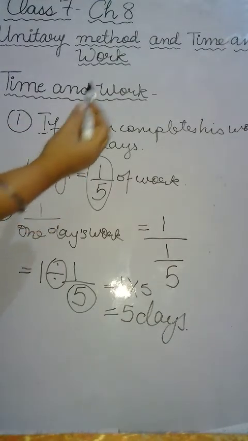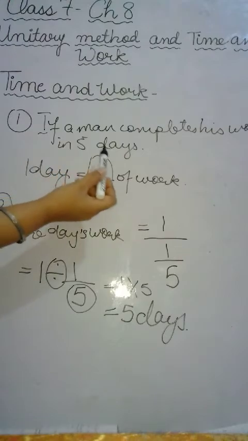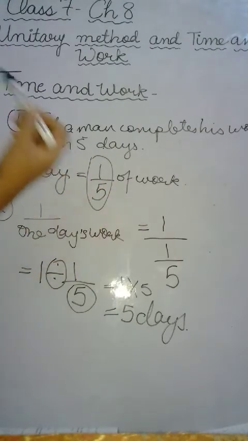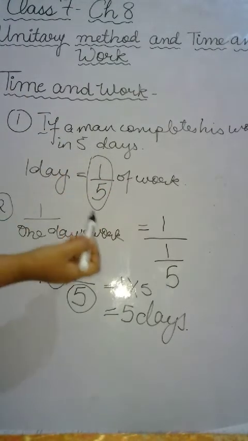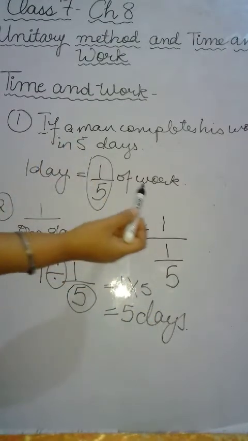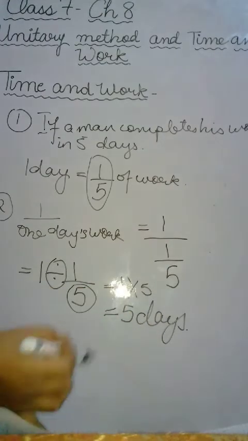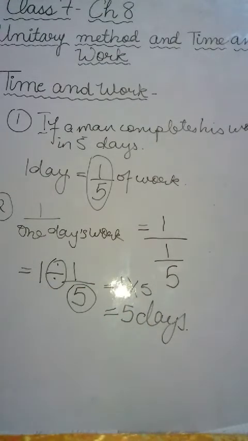To take out his 1 day's work, it will be 1 upon 5. When 1 day's work is given and you have to find the days, then it will be 1 divided by 1 day's work. Then you will be able to find the number of days he worked.